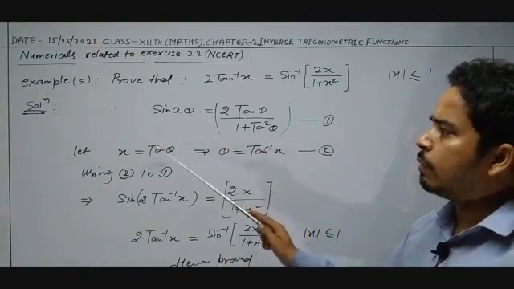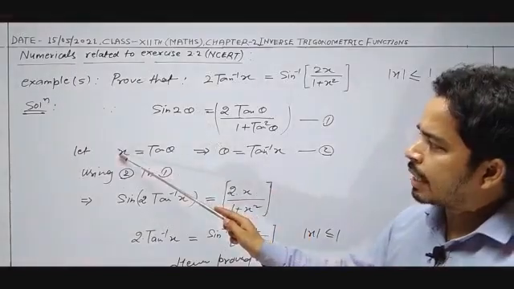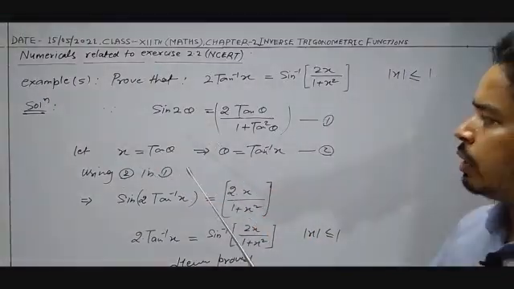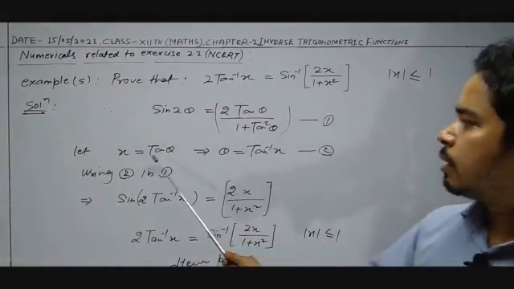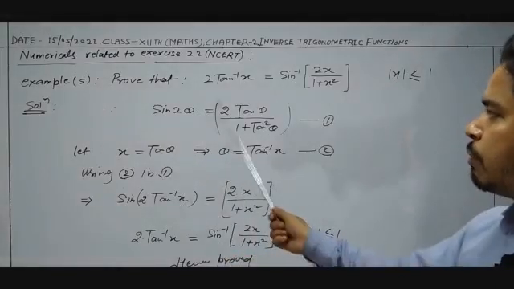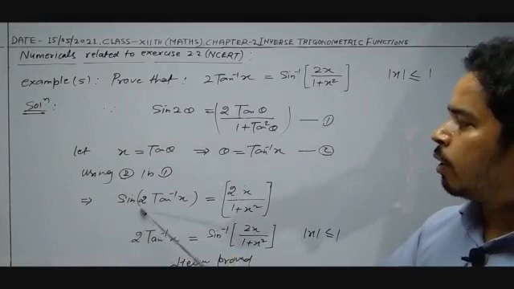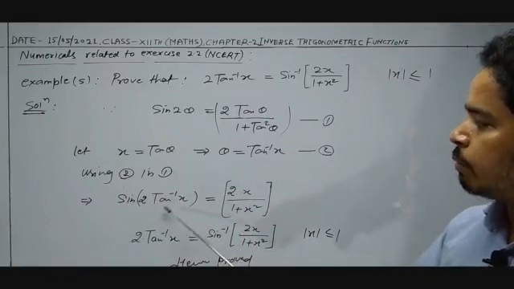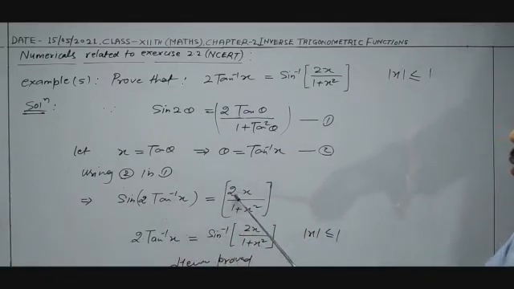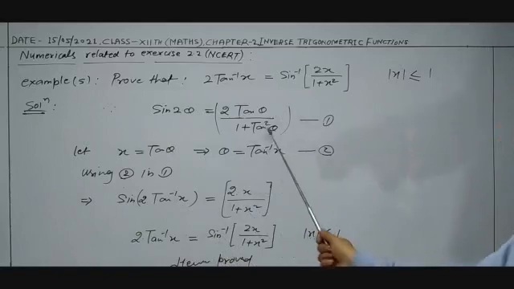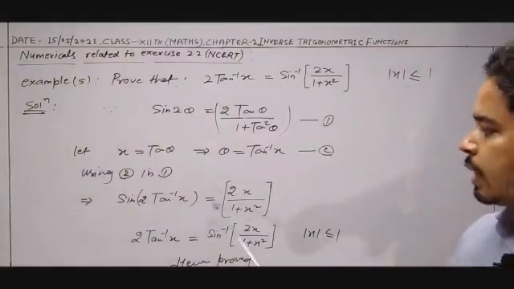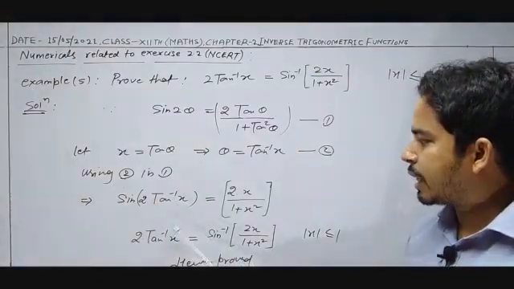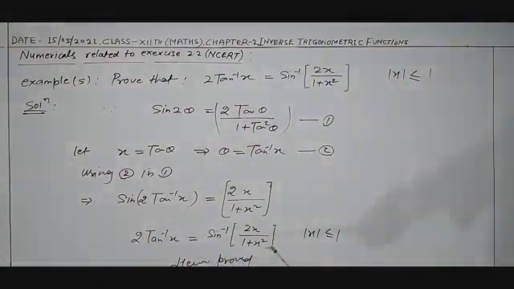So you can put x is equal to tan theta, this implies theta is equal to tan inverse x. These both values we have to put in equation 1. So sin of 2 theta, theta value tan inverse x, is equal to 2x upon 1 plus x square. So this is the result. Operate sin inverse on both sides. Then 2 times tan inverse x is equal to sin inverse of 2x whole upon 1 plus x square. So hence proved.